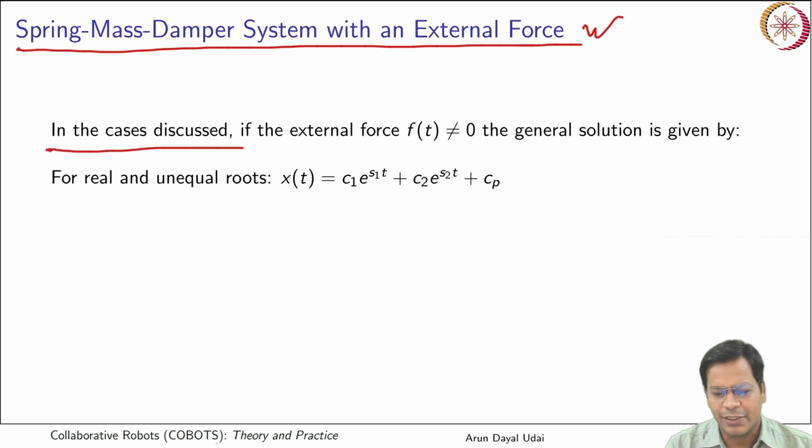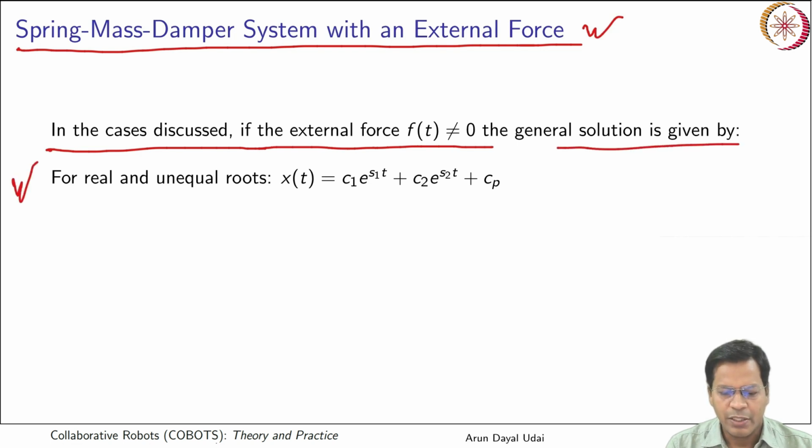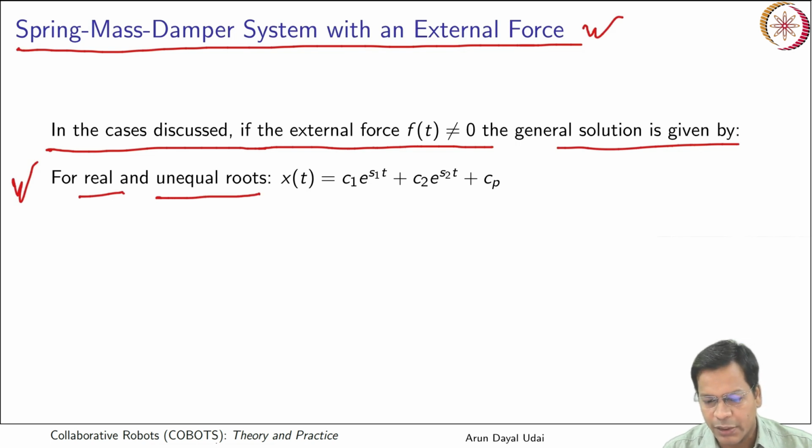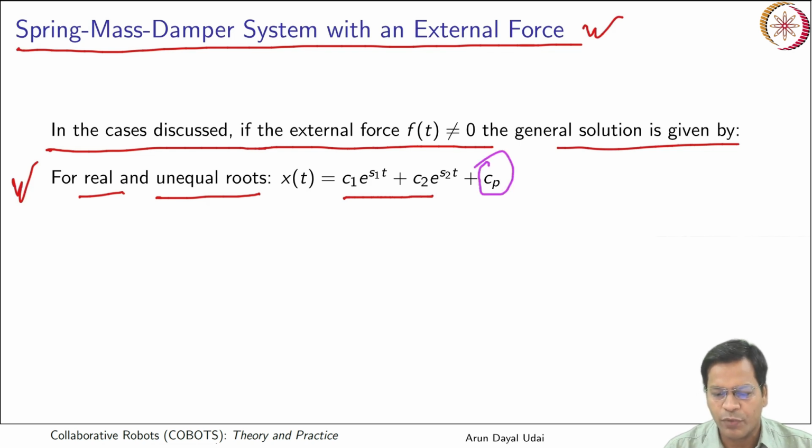In the cases as discussed, if the external force is not equal to 0, the general solution in the first case, real and unequal roots, is similar. The only thing that changes is the additional term here. Apart from the constants C1 and C2, this is the additional constant.